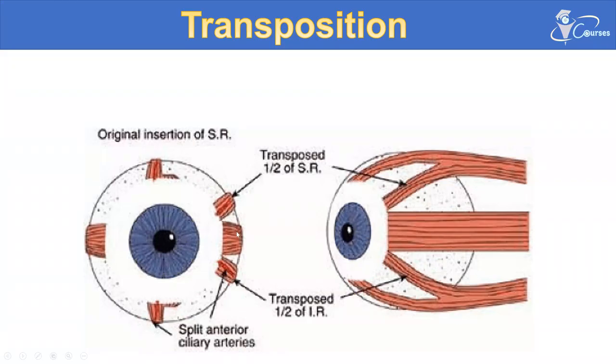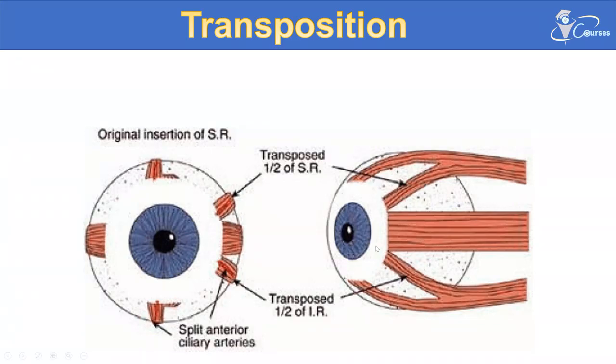This will keep the eye a little bit aligned in the primary position by changing the axis of the horizontal muscle action. So we implant the muscles at areas of weakness or at areas of paralyzed muscles, and this can also be used for cases of Duane syndrome and also cases of alphabetical pattern.